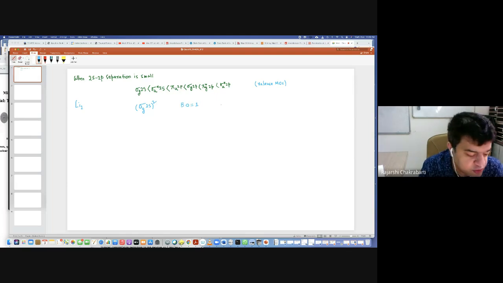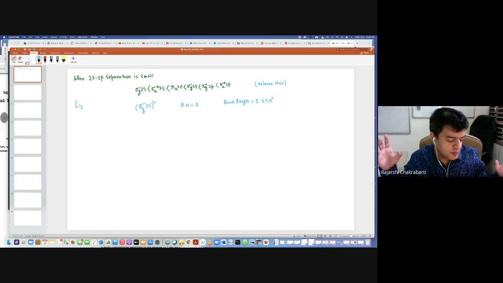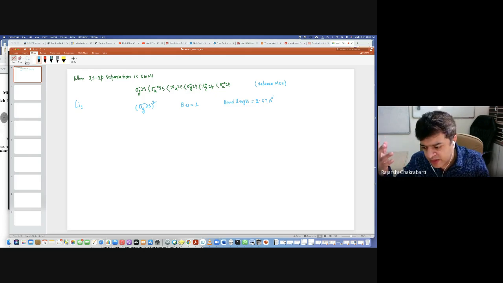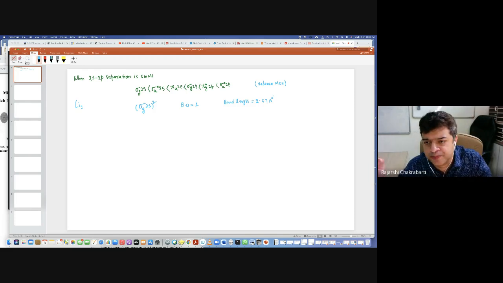But if I check the bond length, what is the bond length? You don't need to remember, I can tell you. It is 2.67 angstrom. So the bond length is quite large. The bond length in the hydrogen molecule is 0.74. It is very large here. This is happening because you have repulsion between the 1s electrons.